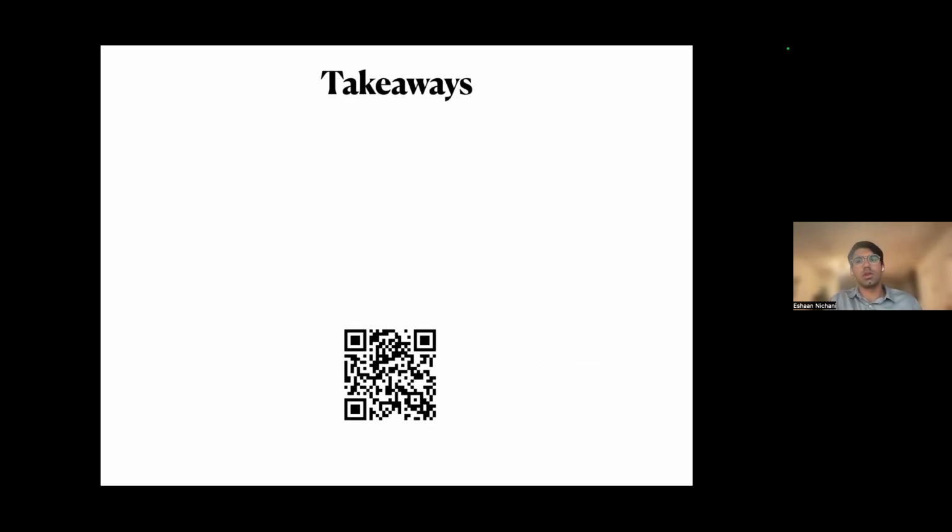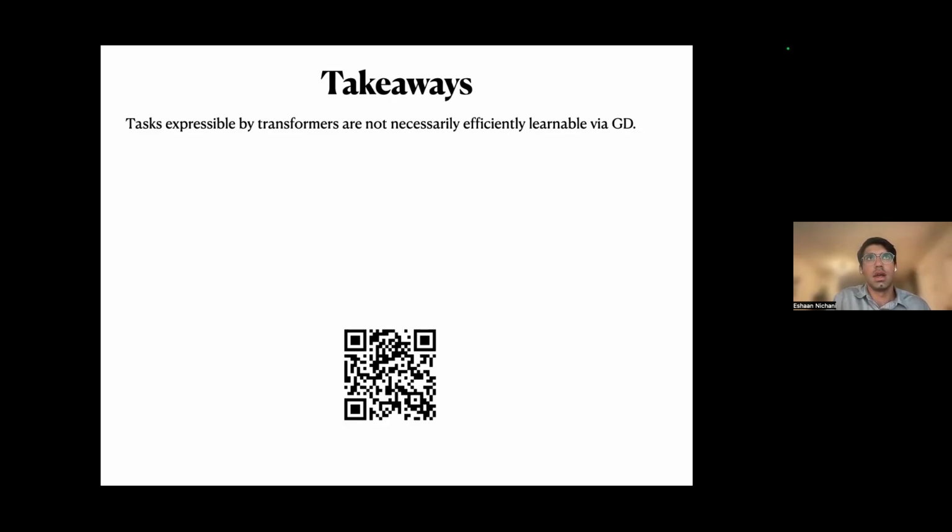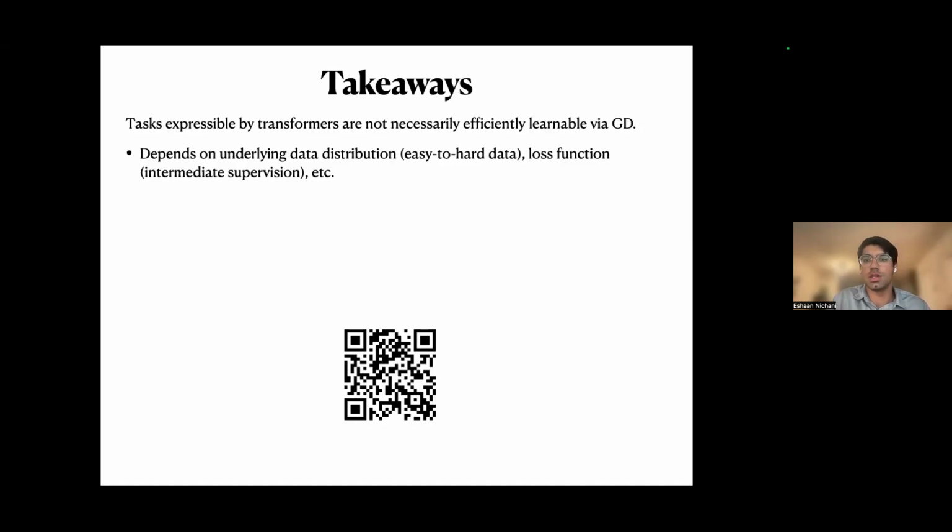So to conclude, the high-level takeaway that I'd like to make is that while expressivity has been fairly well studied in the transformer theory literature, it's not necessarily true that tasks expressible by a transformer are learnable via gradient descent. And this question of learnability is something that's more subtle in that it depends a lot on the underlying data distribution.